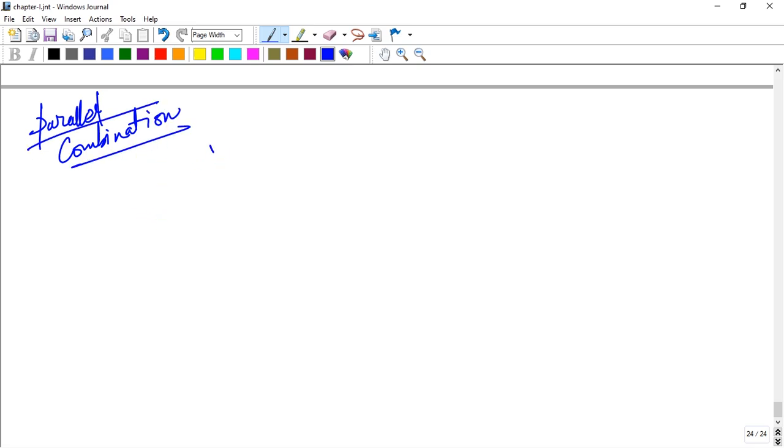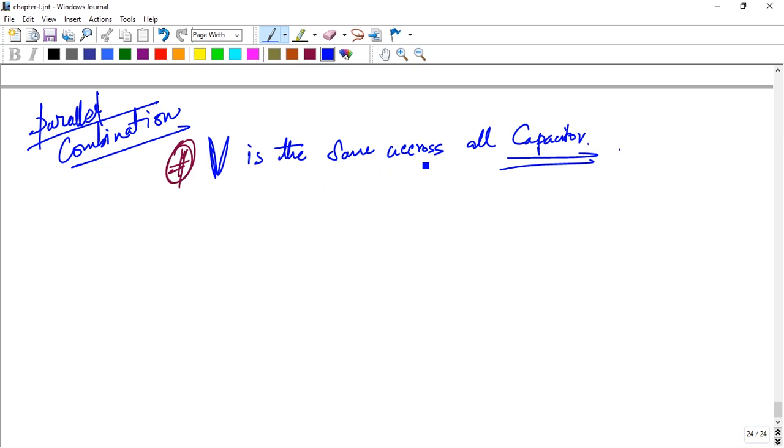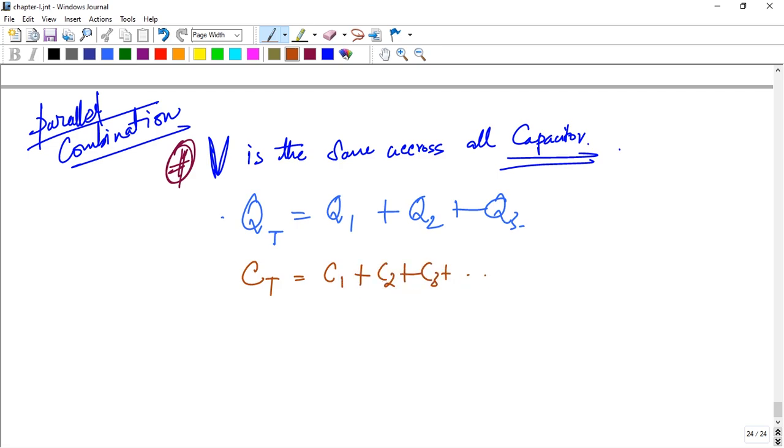Suppose there is a potential V. The very important key point here is that V is the same across all capacitors. Now the total charge Q total is Q1 plus Q2 plus Q3, because each capacitor stores charge. So the equivalent capacitance C total equals C1 plus C2 plus C3, and so on. They are just added.